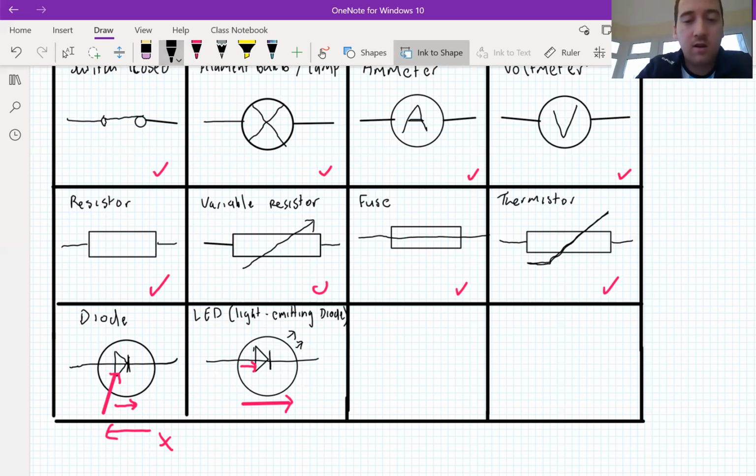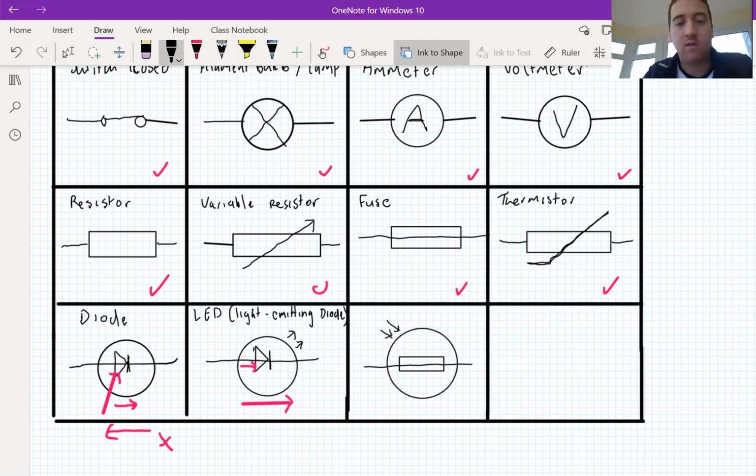The next one is I'm going to draw a wire completely, so from right to left. I'm then going to put a resistor in the middle of it. So there is my rectangle for my resistor. And I'm going to put a circle around it like this. And then I'm going to draw two little arrows going in at the top left corner.